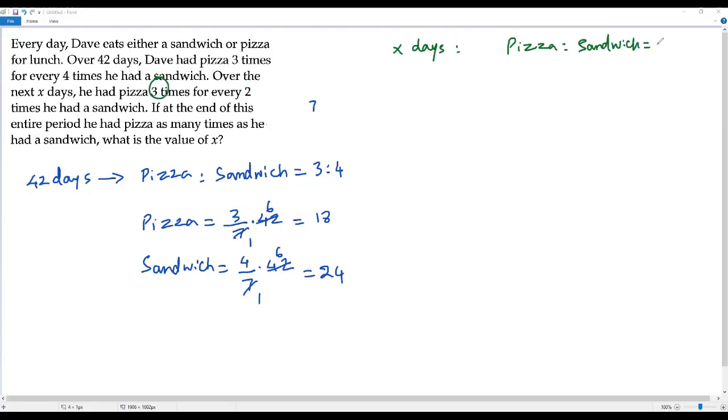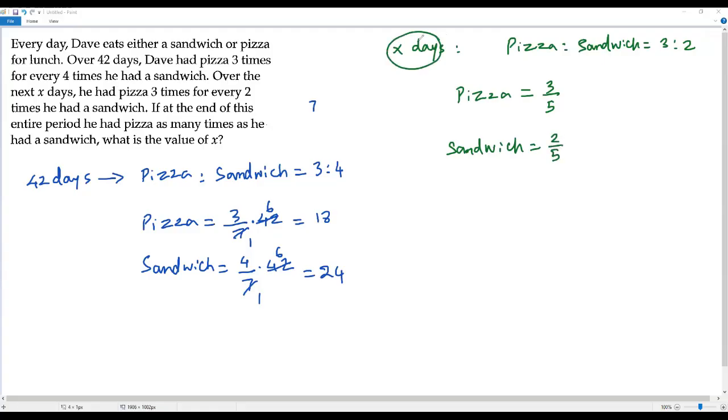Let me add 3 and 2, which is 5, so the total parts is 5. Out of these 5 parts, we have 3 parts for pizza, so 3/5. For sandwich, in the total 5 parts we have 2 parts, so the fraction is 2/5.